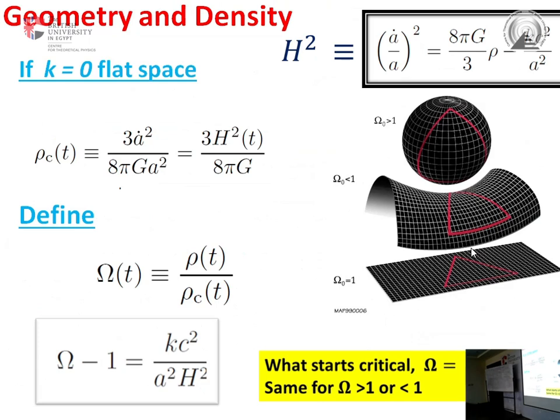Spatially flat, not space-time, otherwise it wouldn't move. And again, this cannot change sign, because all these terms cannot change sign. k is either positive, negative, or 0, and the other terms are positive, so it cannot change sign. If it is positive, it remains positive for all time. If it is negative, it remains negative for all time, depending on your k. So it's fixed. It's destiny. It cannot change.